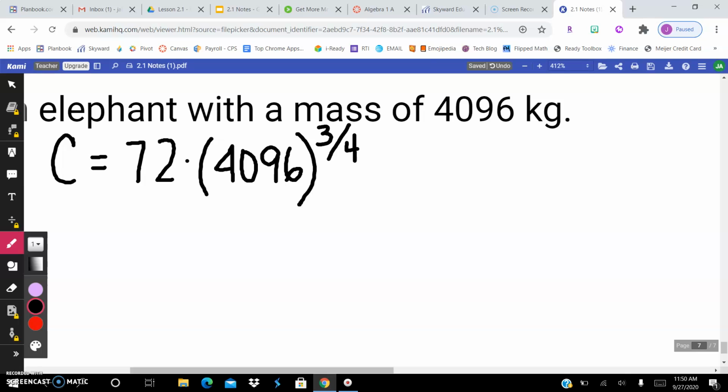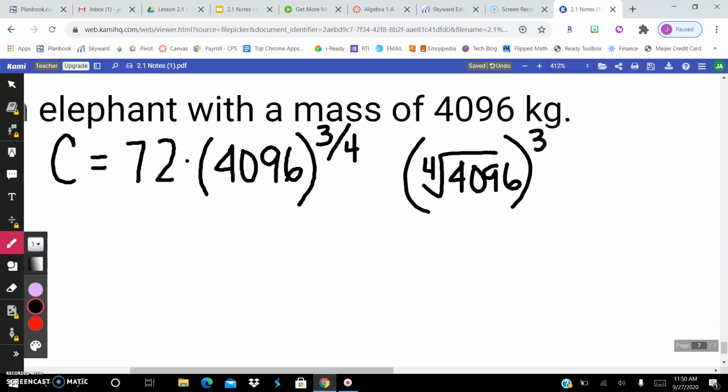So 4 is our denominator, so we're going to have to find the 4th root of 4,096. And our numerator is 3, so we're going to have that to the 3rd power. The fourth root of 4,096, if we guess and check, we're going to get an answer of 8. So 8 to the third power is actually going to be 512.